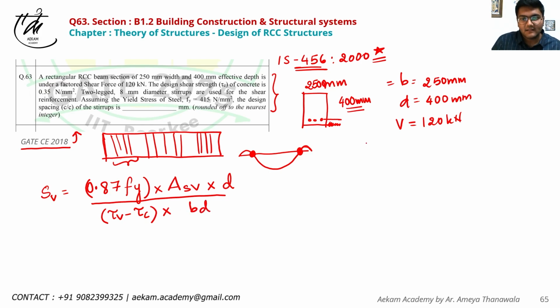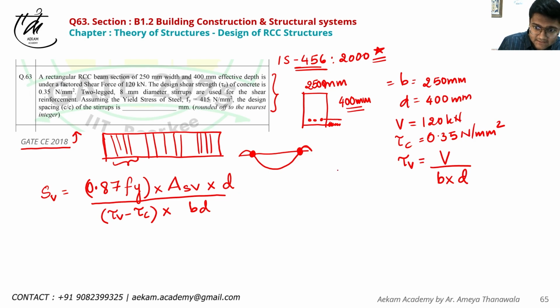Tau C, as they have given, is 0.35 Newton per mm square, which is the design shear strength of concrete. Tau V is the design shear stress which will be acting on the beam totally, for concrete as well as for the steel part. This is given by V upon B into D.